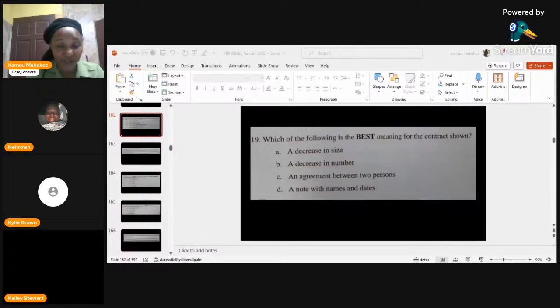What are they specifically talking about here? So even though the word contract can mean to get smaller in size or number, that's not the meaning here, because based on the context, the passage is talking about the agreement between Mr. Long and Mr. Patel. So we're going to go with that definition of contract for this specific context.